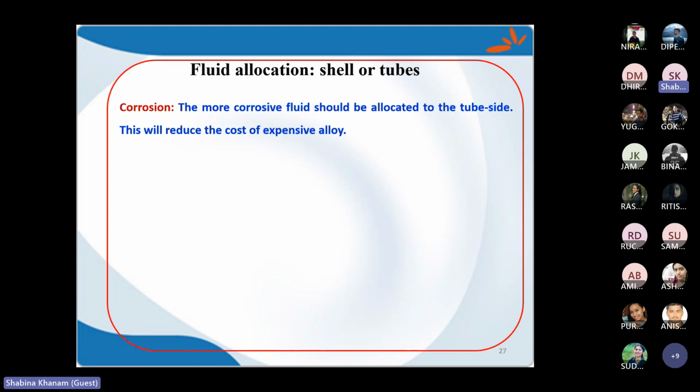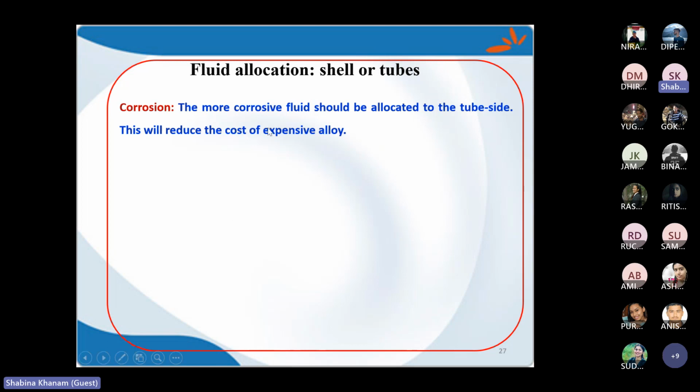To handle corrosion, we don't want our tube or shell material to be damaged, so you need special alloys to make the tube or shell.